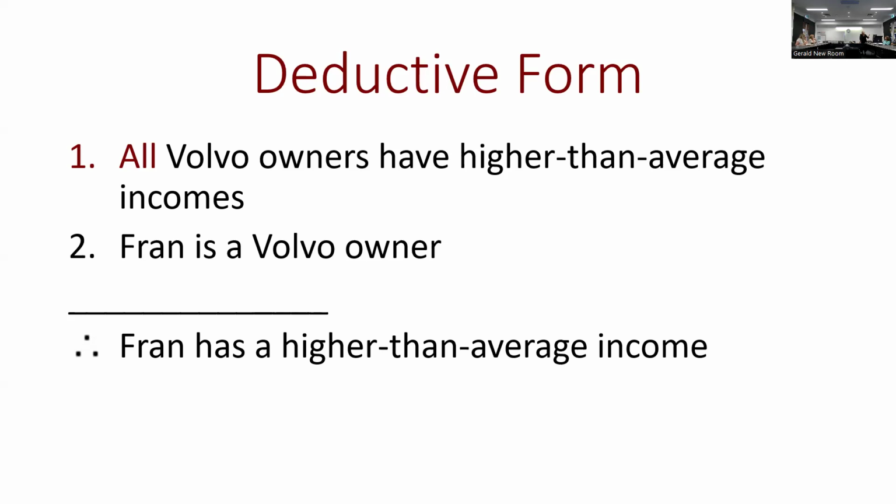So your issue would be with premise one: all Volvo owners have higher than average income. Because if you want to buy it second-hand, you don't need to have higher than average income. You would have to put a different premise there. I agree, this is actually really important. I understand what you're saying. I will come back to it.